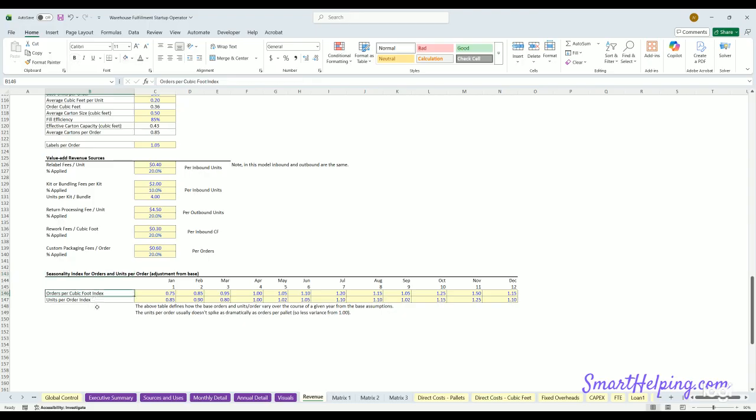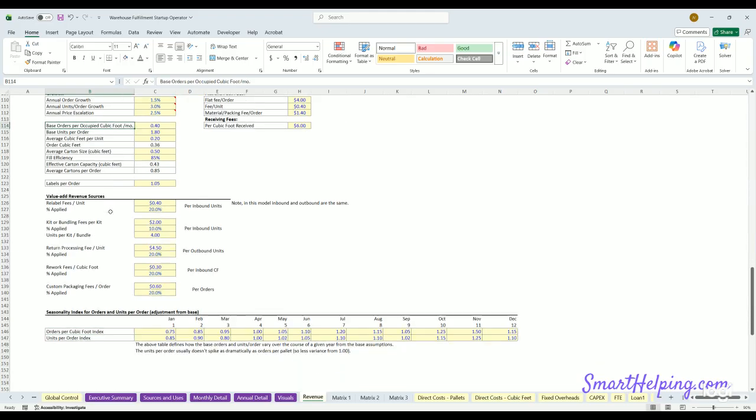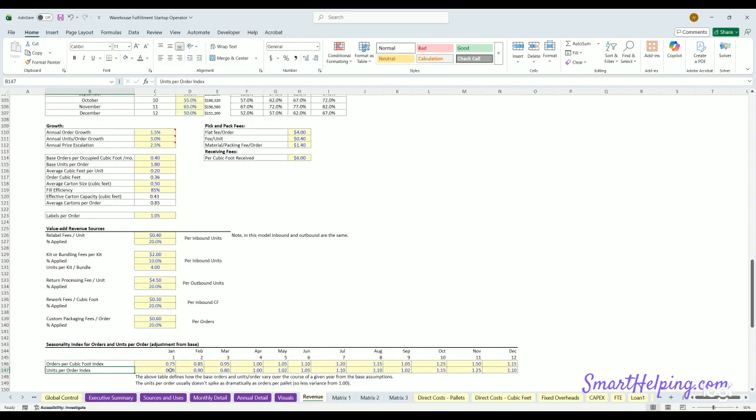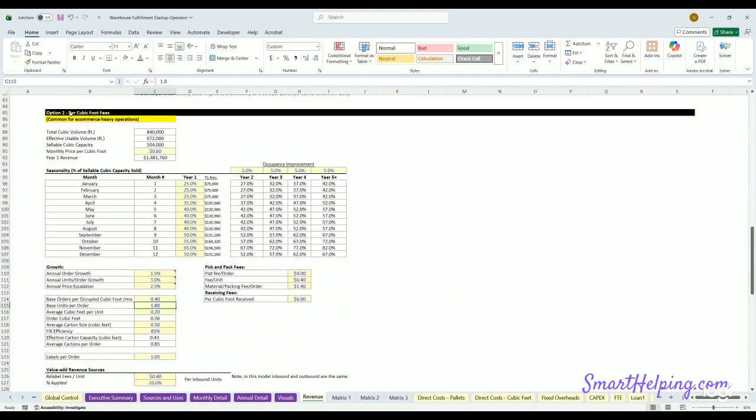This is going to apply to orders per cubic foot, which is defining how much volume you're doing, and units per order, how big the orders are over the course of a year. Some months might be bigger or smaller, and that will affect your units per order base here. So a little bit simpler assumptions on this one.